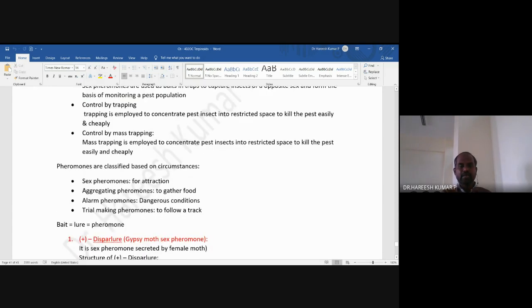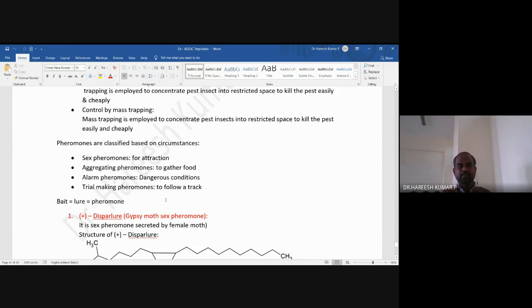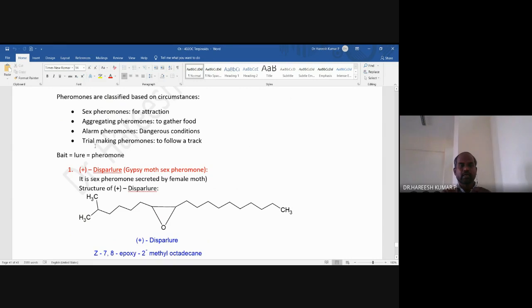And these pheromones are classified based on circumstances. So here there are four types of pheromones. So one is sex pheromones, this is for attraction, and aggregating pheromones to gather food, and alarm pheromone, and this is nothing but for dangerous conditions, and trail-marking pheromone to follow a track.